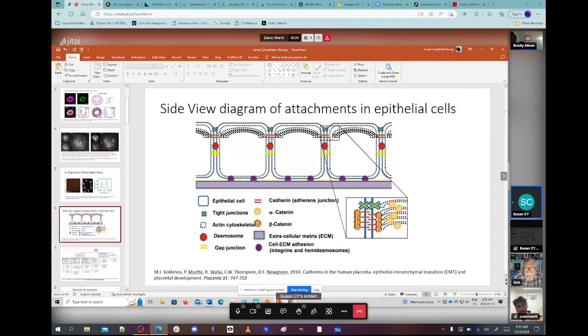So is there a difference between cadherin or junctions and stuff at the bottom in its attachment properties to actin and myosin?